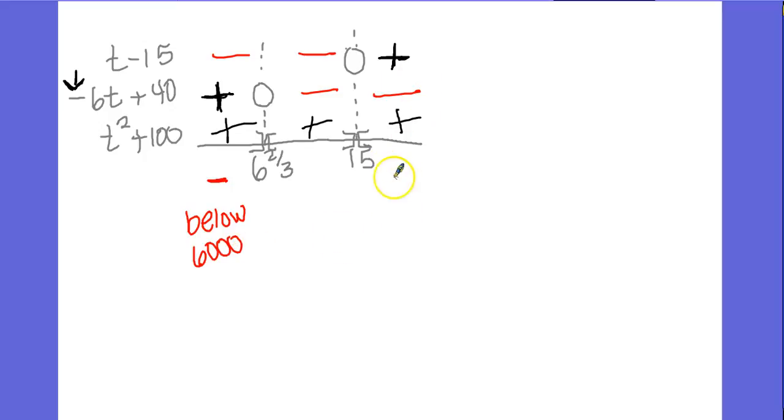And also my third interval is negative, which is also below 6,000. That doesn't say BW, that says below. And then with my black pen, my center is negative times negative divided by positive, which is positive. So this is where it is above 6,000.